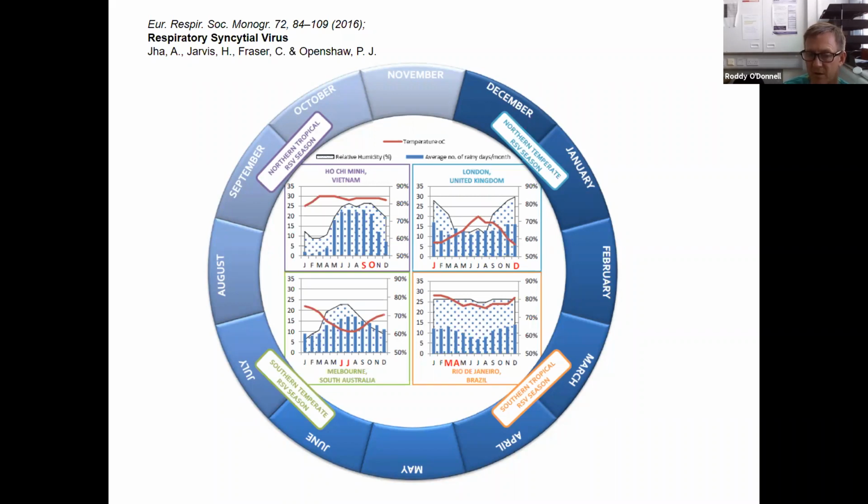If we look at other more tropical or subtropical environments, such as Brazil or Vietnam, you can see that there's a much closer association to humidity relative to temperature. So we actually have an inverse association with humidity, whereas Vietnam has a clear association with humidity. So it's not really clear what it is about the climate that makes infants susceptible to RSV. But it is interesting how there's variation around the world.